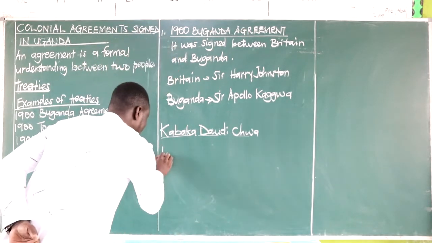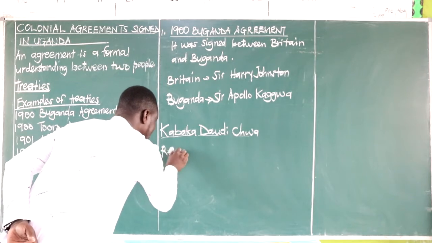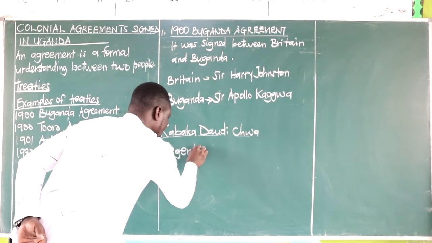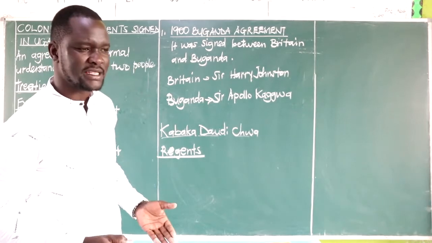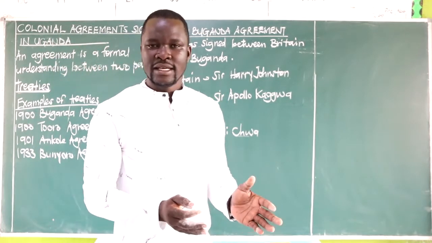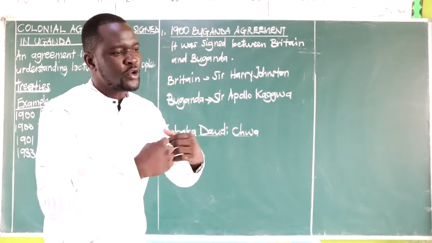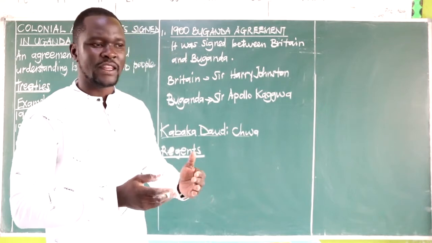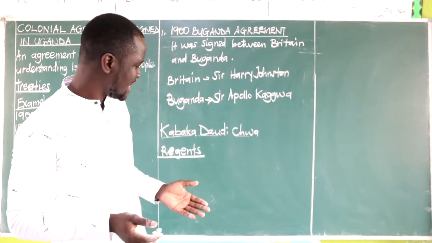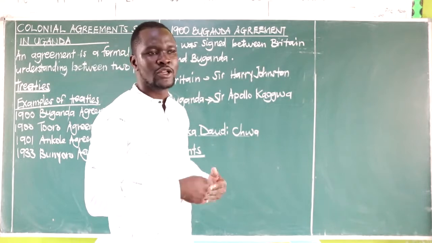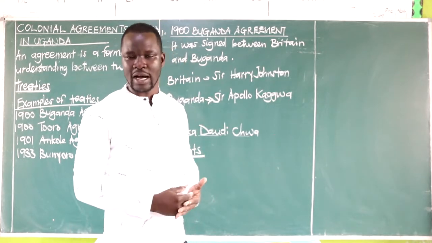We call those people regents. A regent is a person who rules on behalf of the one who is to rule, helping him or her on his or her behalf.